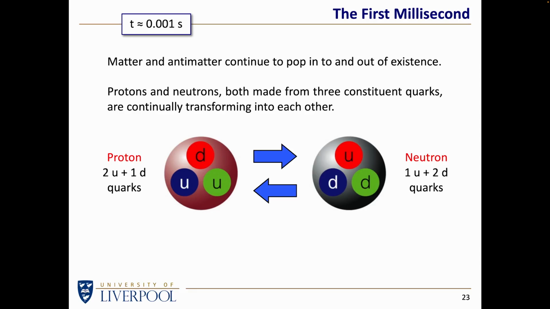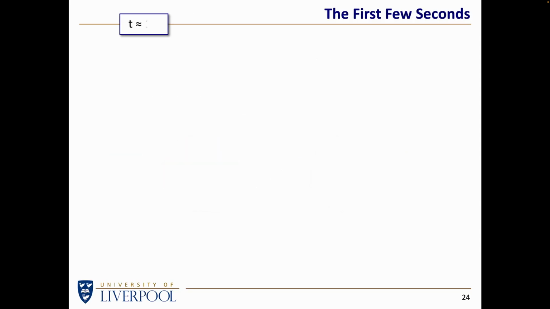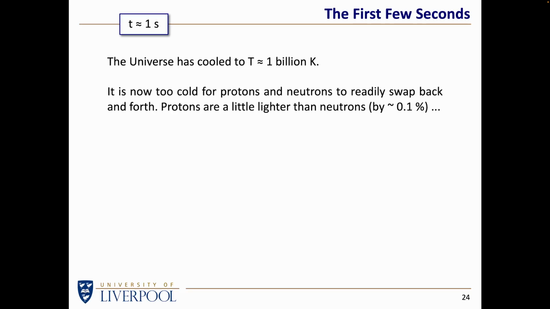So protons and neutrons, because they're both made of essentially the same type of stuff, are continually transforming into each other. Protons change into neutrons, neutrons change into protons, back and forth and back and forth. And that continues for the first few seconds after the Big Bang. At this point, 1 second after the Big Bang, the universe is now cooled to about 1 billion Kelvin.